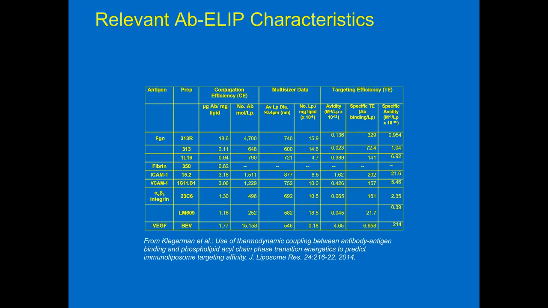So in terms of echogenicity, for instance, in the kind of atheroma or atherosclerosis work we're doing, you can get a non-specific binding of, let's say, 15%.